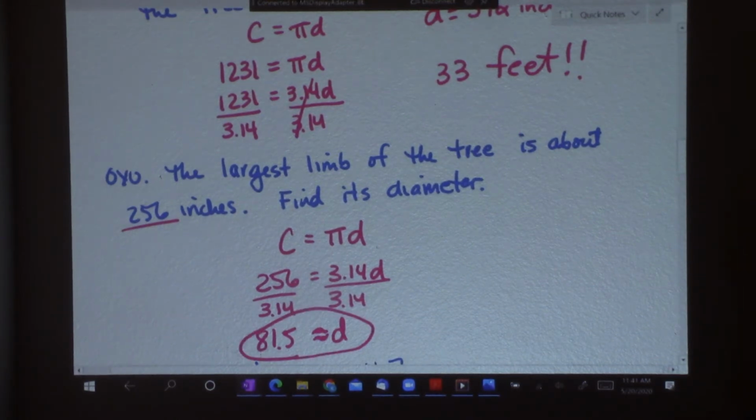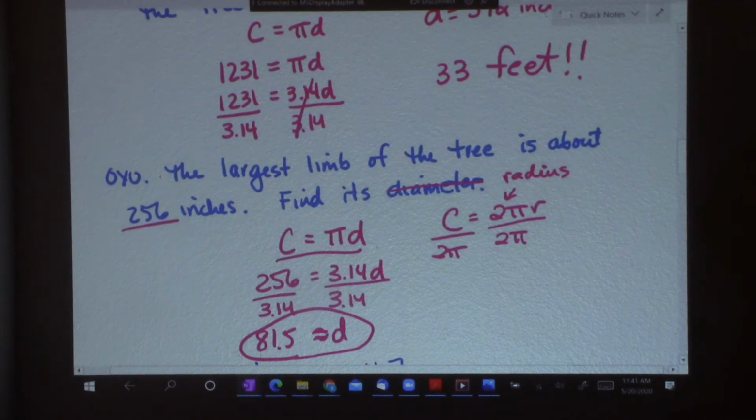Okay, now I want to talk about something. If they had asked instead for the radius, you wouldn't be using this equation. You would be doing this one. So you would have to solve for r, and you would have a 2 in there. So you want to divide by 2 pi, and you would work that out.